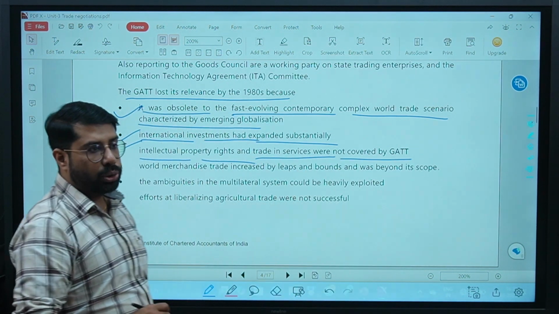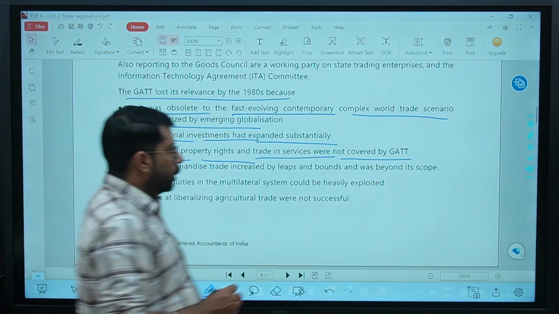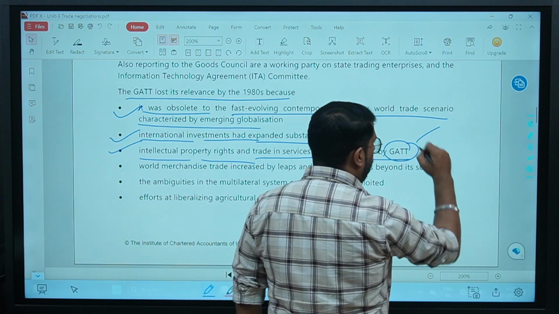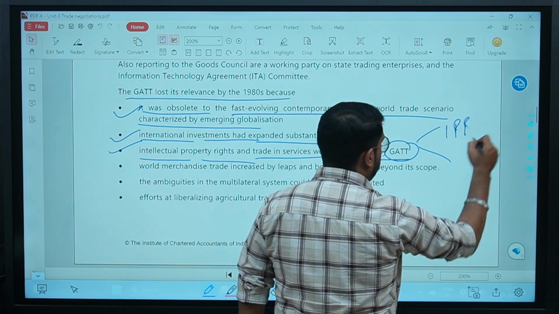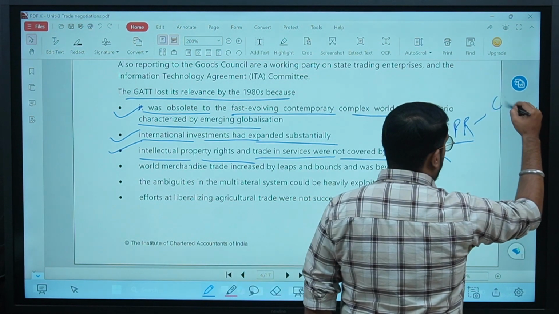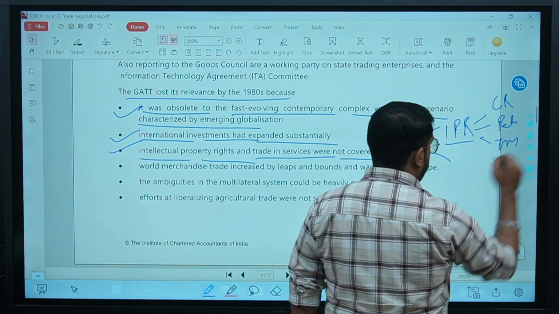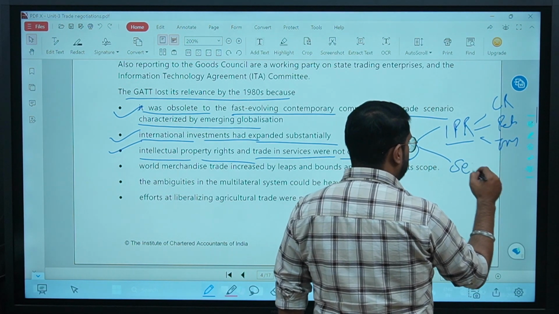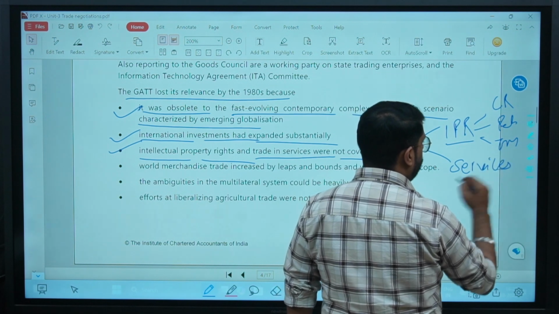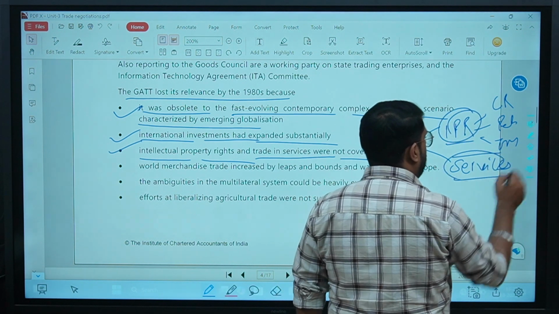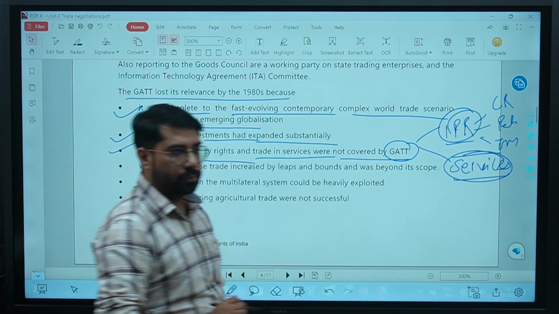As I told you, GATT was only for goods. So GATT did not cover two things: IPRs, which are copyright, patent, and trademark, and second, services. These two things were not covered under GATT, which was a problem.